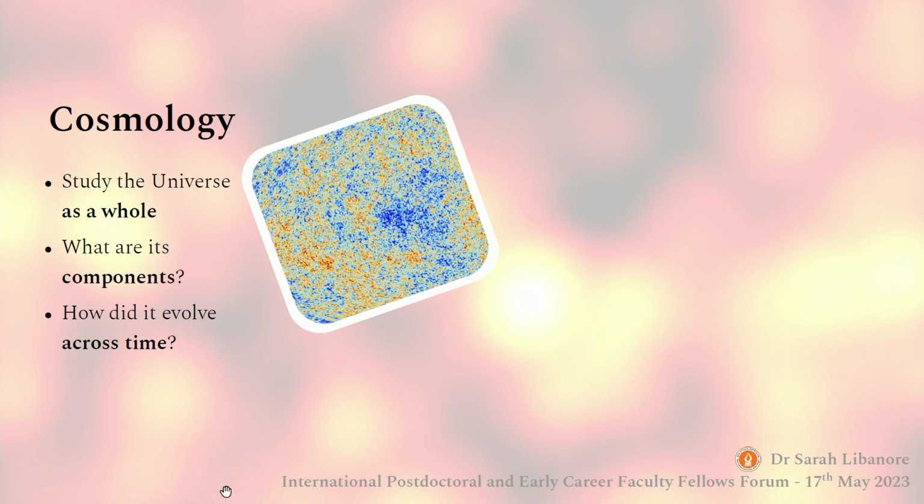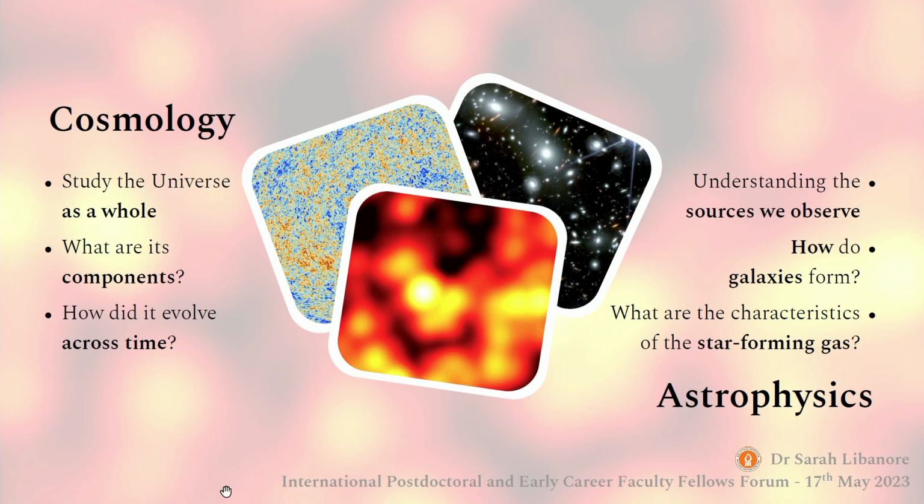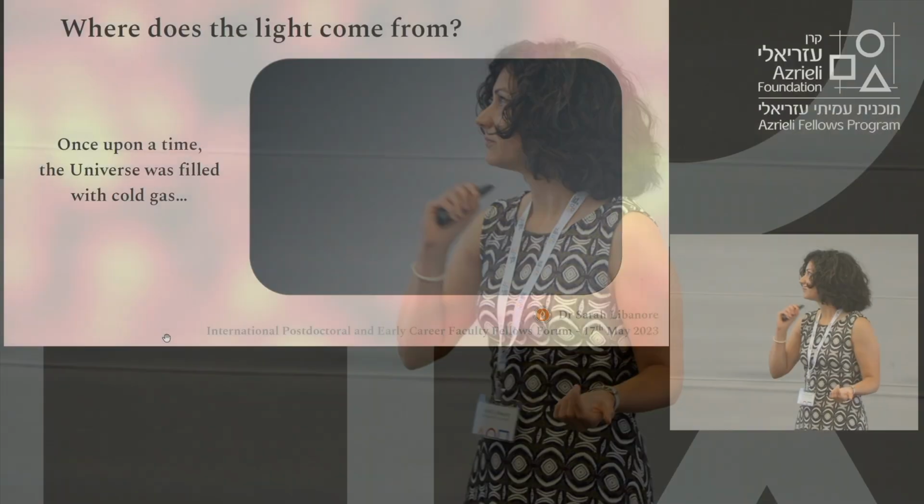Cosmology is more interested in the universe as a whole, on the universe on the large scales. We want to understand what the components of the universe are, how it changed across time. Combining these two fields, we want to understand what happened, how the universe changed phase, how we can explain the earliest galaxies, the teenage universe.